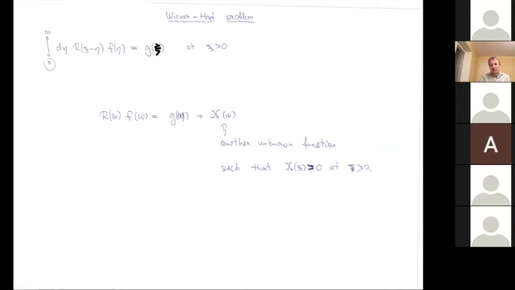It can be an arbitrary function. So it seems that when we Fourier transform, we get two unknown functions, one equation for two unknown functions, f and x. But these functions have different analyticity, and that's the key point.